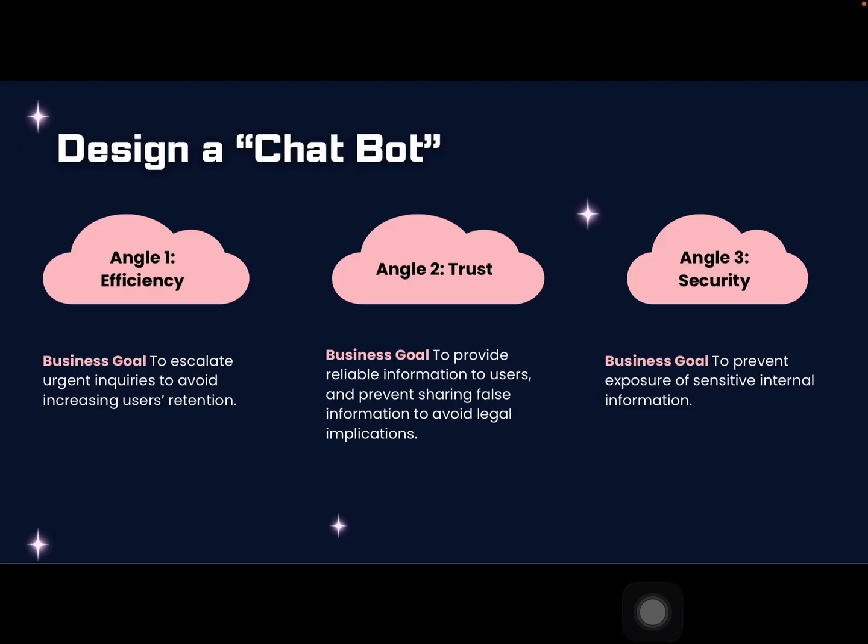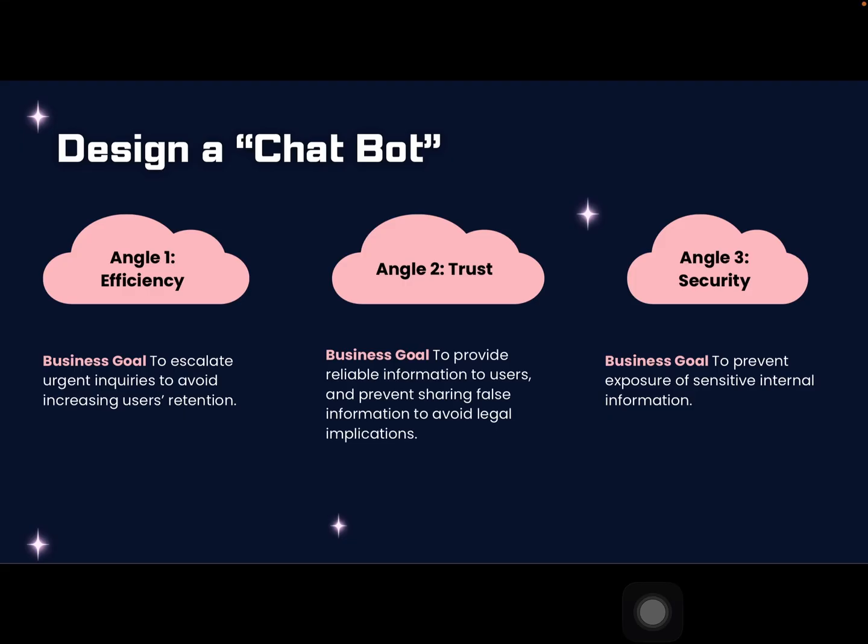Why do we do that? Because if the bot states something inaccurate, such as a waiver policy or a refund guarantee, and the company doesn't honor it, the user could take legal action. The user can sue the company. So scripted discipline is not a nice-to-have choice, it's a liability control.